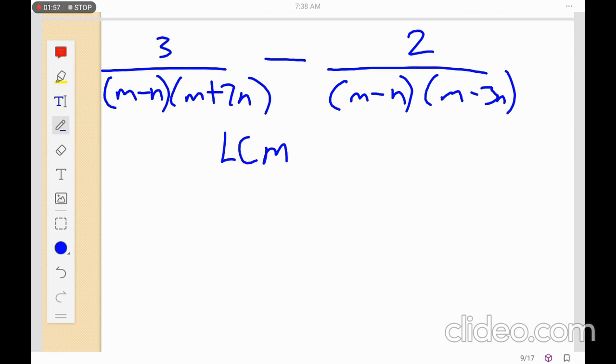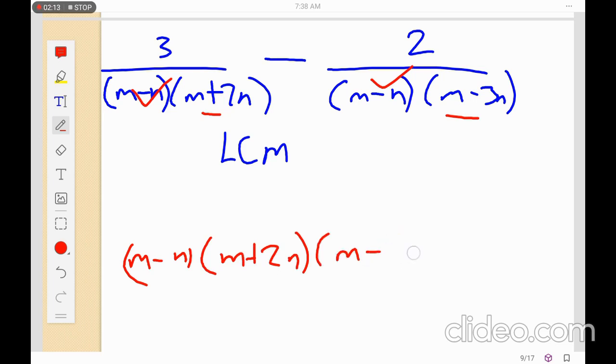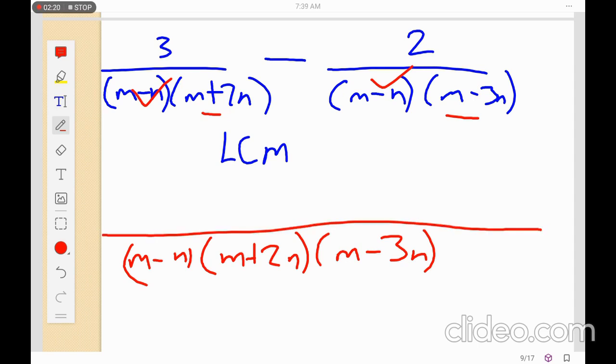This factor, m minus n, is common, these ones are not, so I'll write these three: the common one, m minus n, and those which are not common, m plus 2n and m minus 3n. I'll be multiplying every item with this denominator, then dividing and seeing what will remain.